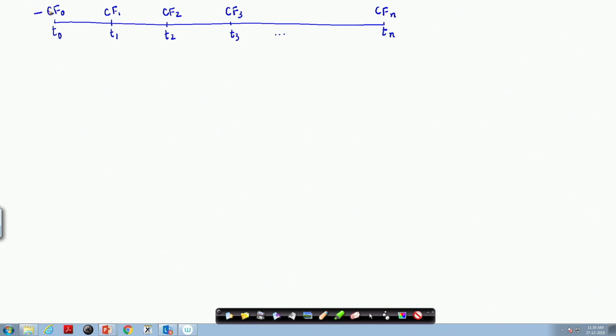Where in general the initial cash flow is negative. Essentially what it means is, when you have an initial investment, the initial cash flow can be considered negative and then subsequent cash flows are positive.